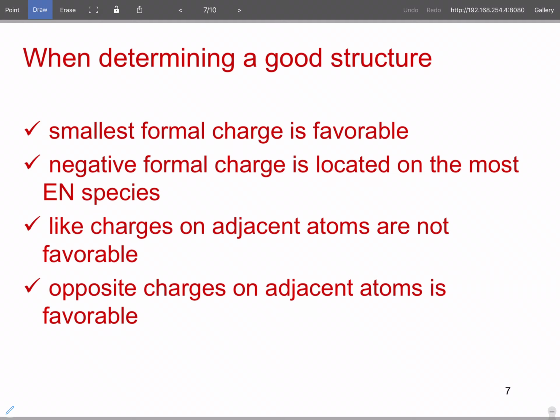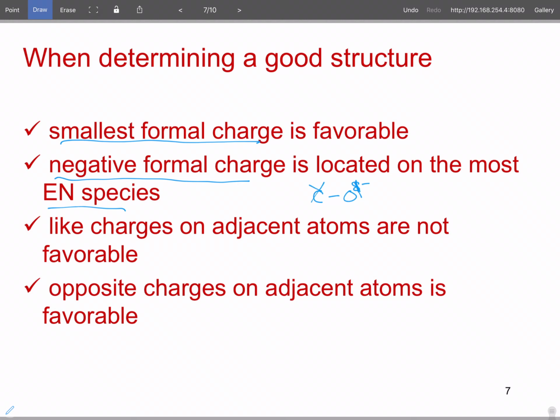Oh, one other thing. When you have a variety of structures to look at, and you're trying to determine the best structure, then you want to know what is a good structure. Well, first off, you want the smallest formal charge favorable. You want the negative on the most electronegative species. So basically, if you have the choice between carbon and oxygen, you want the negative to come out on the oxygen.